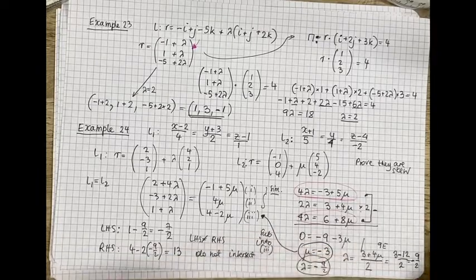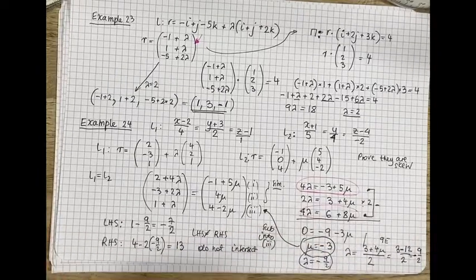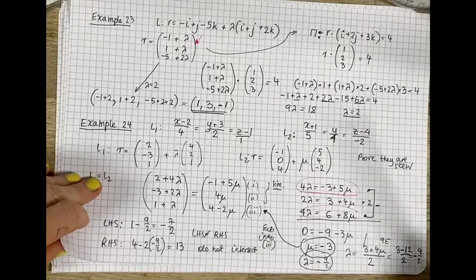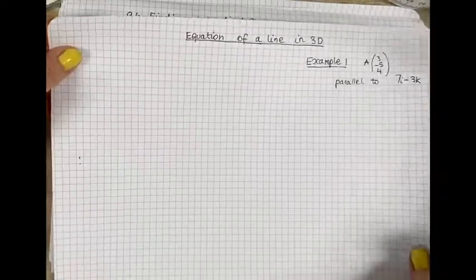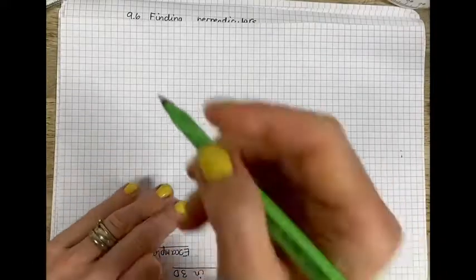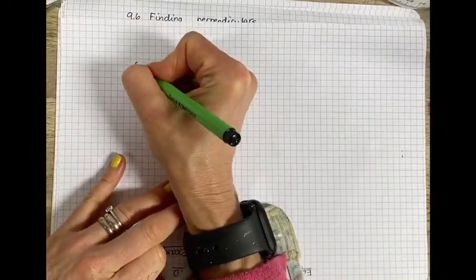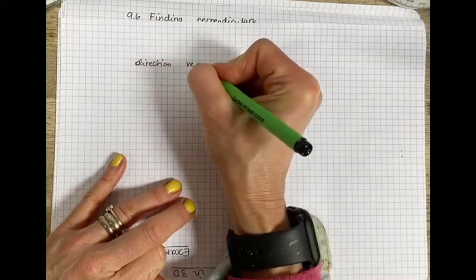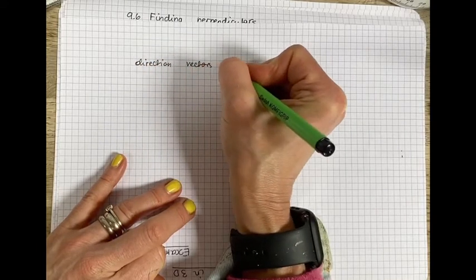But just because I've shown that they do not intersect, it does not prove that they are skew. So far I've proven that they do not intersect. What shows that they are skew is we need to have a look at the direction vectors.